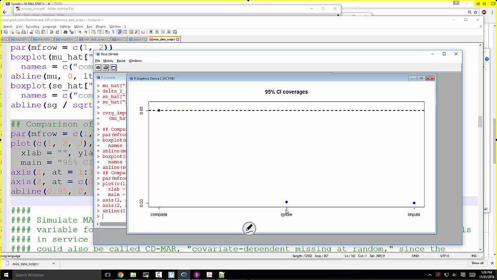It would essentially do ignoring. And this would be an illustration of a case where it would be dead wrong. You would not want to just trust R to do whatever it wants with your missing values. And imputing is just as bad.